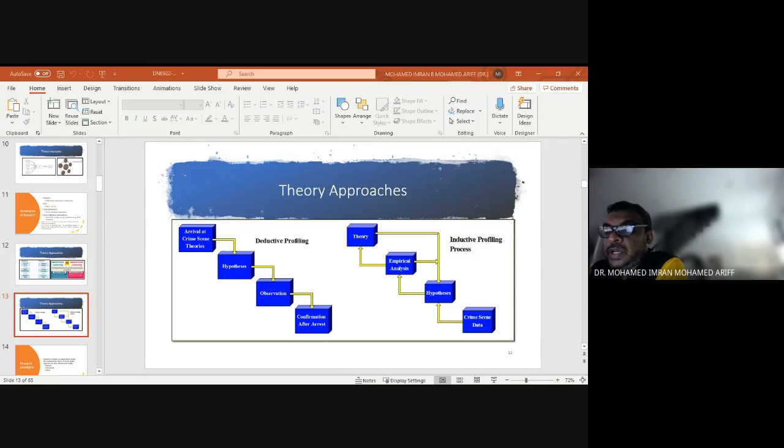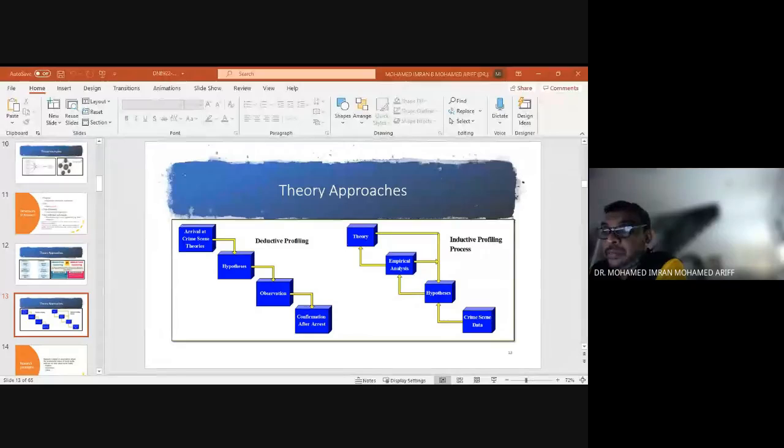Yang kedua tu betul. You kata applied betul, tetapi applied is mostly betul on quantity, on numbers, betul, tepat sekali. Tetapi yang basic research can be both. Dia boleh jadi dua-dua ni sekali.